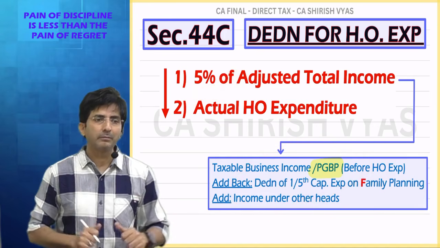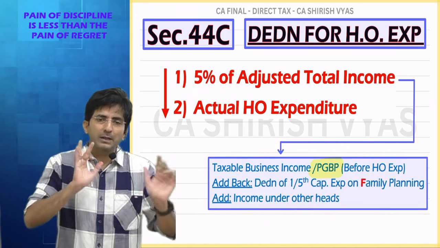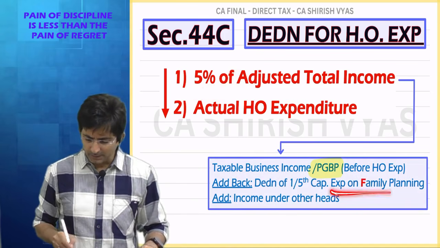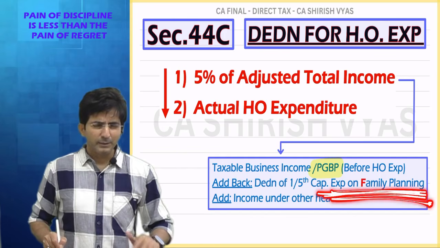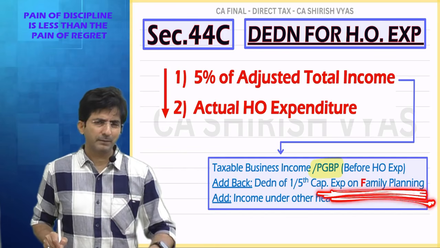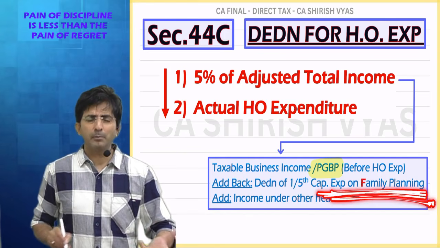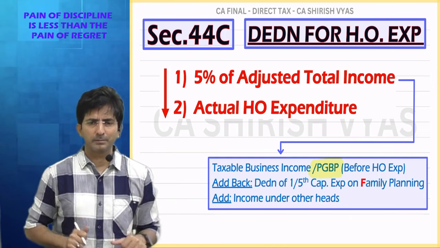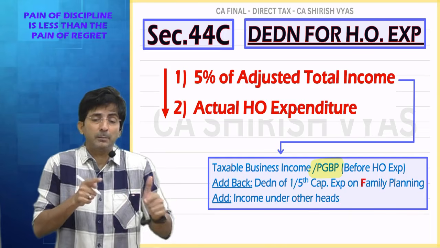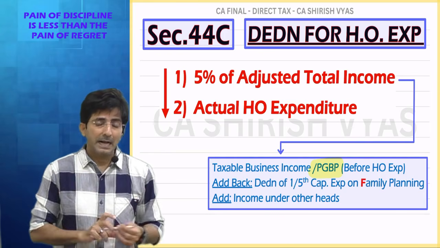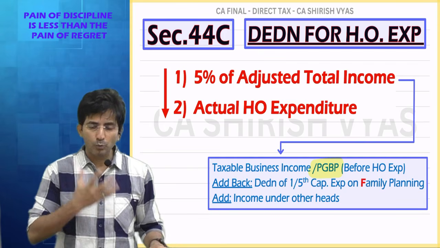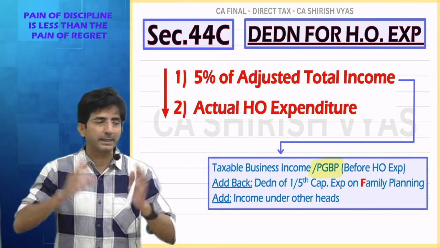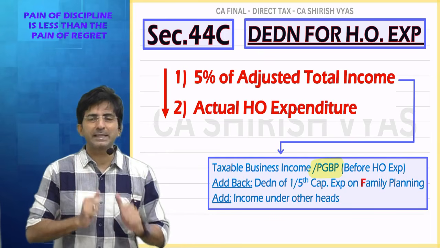It is good. And you know why the government has done this? Because the government feels this expenditure is not a true business expenditure. Actually, family planning promotion, the government wanted to promote for population control measure. Why did the deduction for family planning come in PGBP? The idea was that corporates should do some family planning activities so that there is population control. So it is not a true business expense.